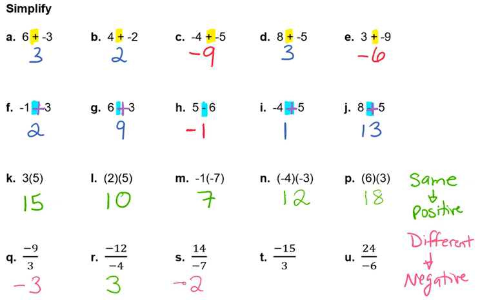And 15 divided by 3 is 5, so we'll have a negative 5. For our last example, we have 24 divided by negative 6. Here, our symbols are different, so our answer is going to be negative. And 24 divided by 6 is 4, so we're going to have a negative 4. So remember, these rules only work for multiplying and dividing.